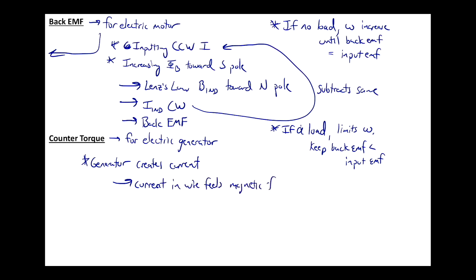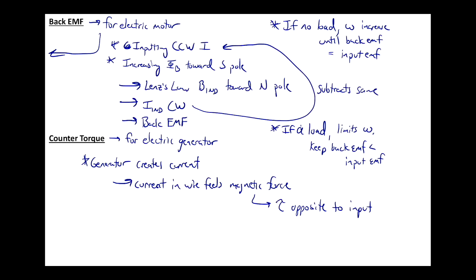So all of these things we've been talking about this chapter and the last two are sort of interoperating at this point. So as soon as the generator begins working by spinning in the magnetic field, there is current in the wire, and that wire is in a magnetic field. It's going to feel a force, and it turns out that that magnetic force generates a torque that is opposite to the input.